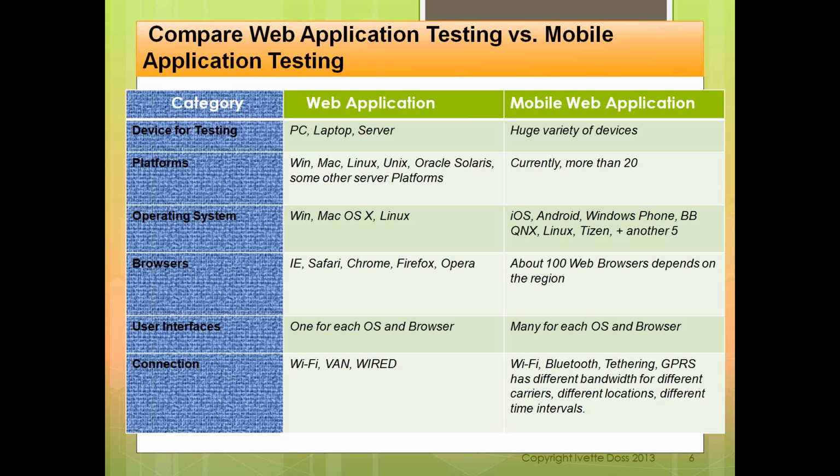All right, it's a major concept you need to understand, and it's not technically difficult, I hope. But again, coming back to comparing web application testing versus mobile application testing. You got it. With mobile application testing, we have much more variety of devices, platforms, operating systems, browsers, user interfaces, and connections.